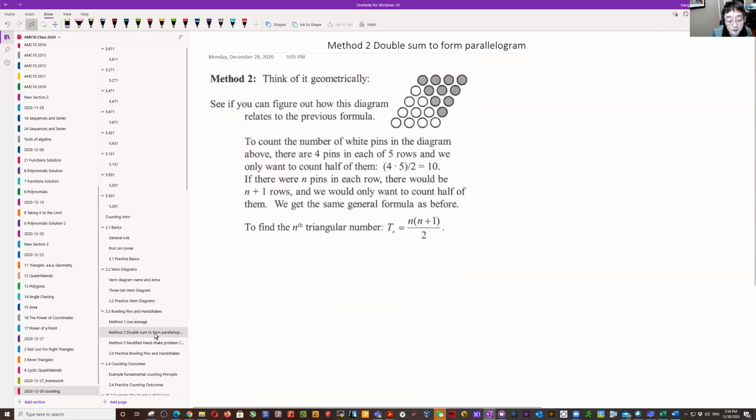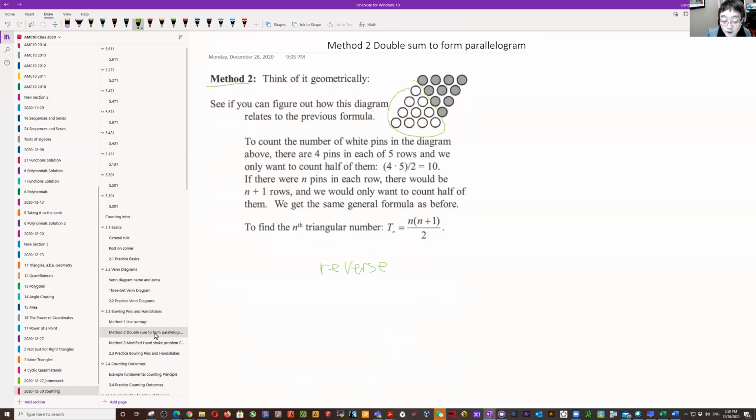Then the second method, I actually always prefer the second method because it's just reverse and double sum. This is the original stack of pins.